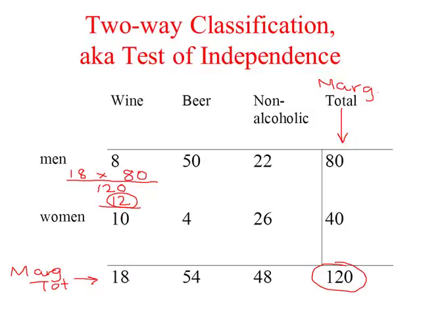For women, we would take 18, multiply that by the total number of women, 40, and divide by the total number in our sample, which is 120. If we did that, we would get a value of 6. So we would expect, based on our numbers, for 6 women to choose wine if gender and drink type were not related or not associated.